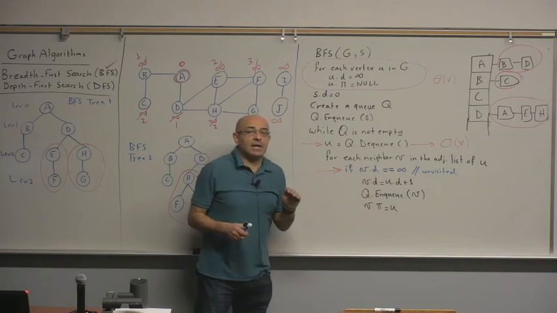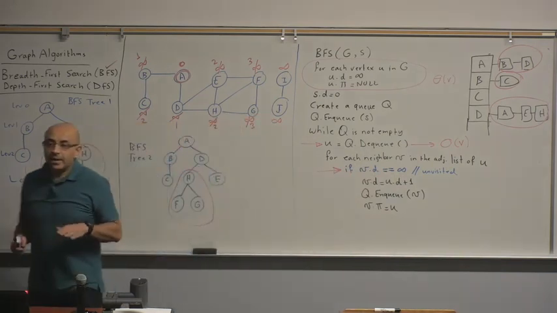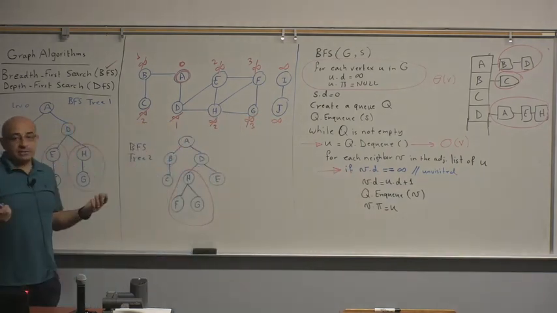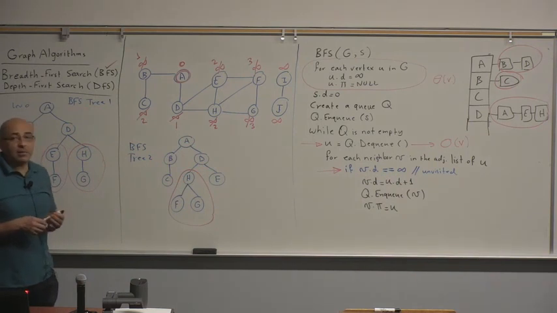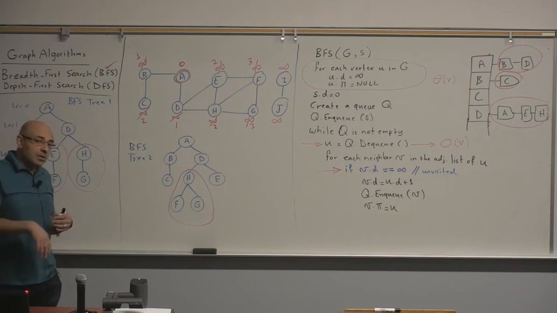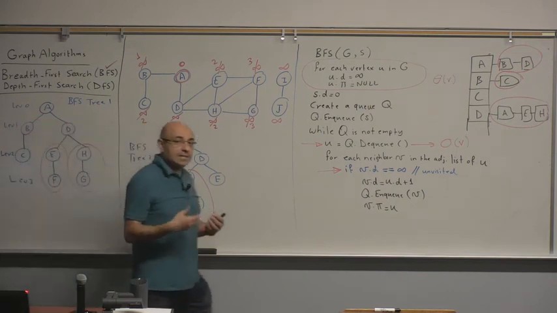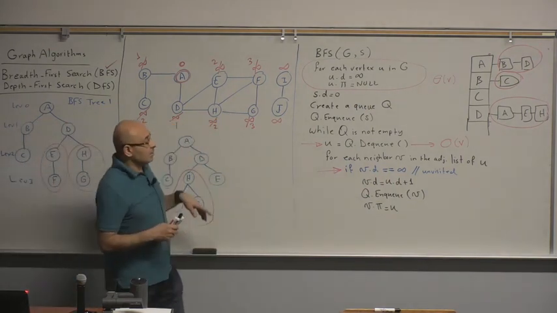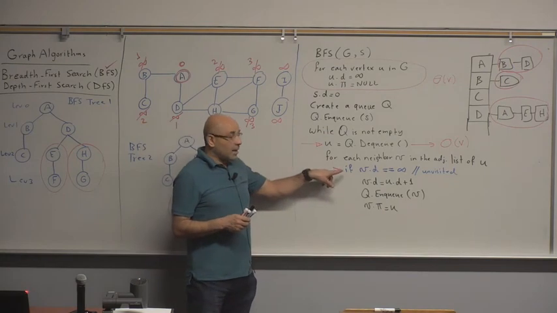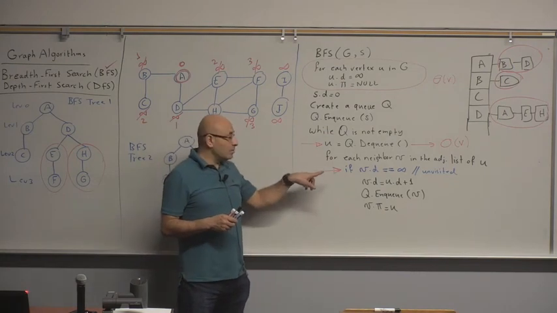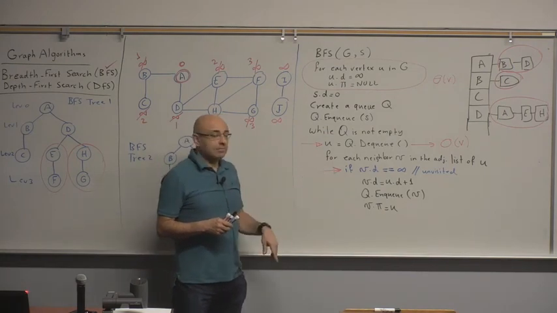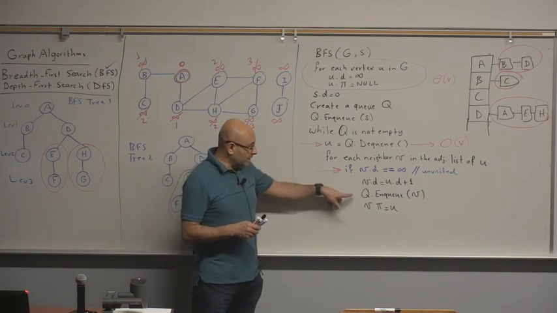So in algorithm analysis, we count all the operations. And our asymptotic complexity, in fact, is determined by the most frequently executed operations. So clearly here, the line in blue will be executed more frequently in general than enqueue.